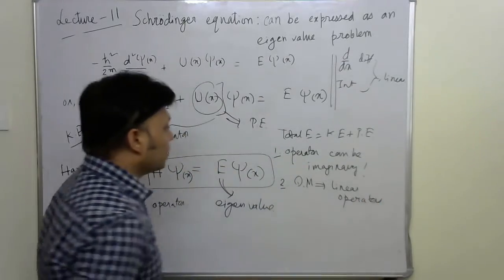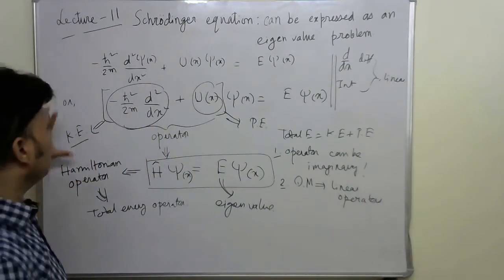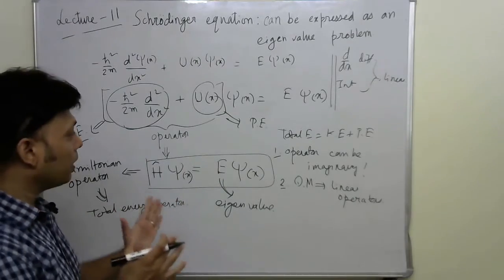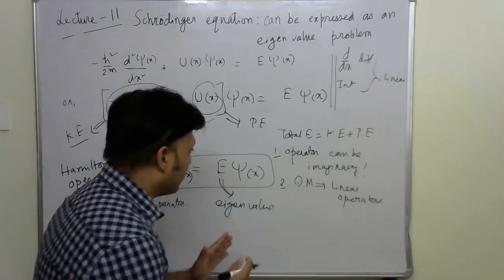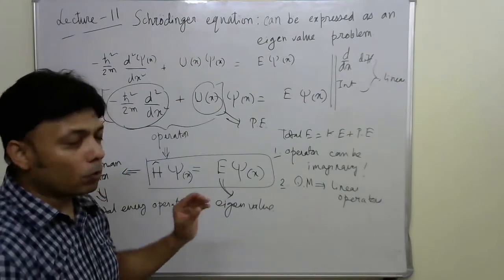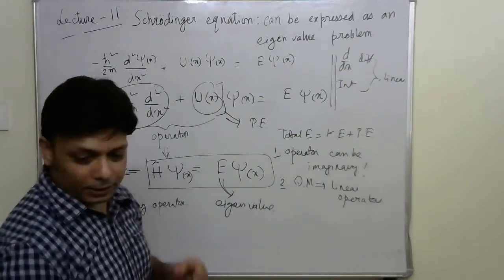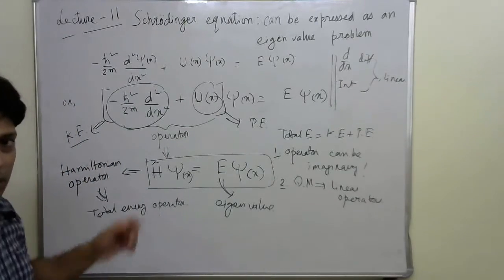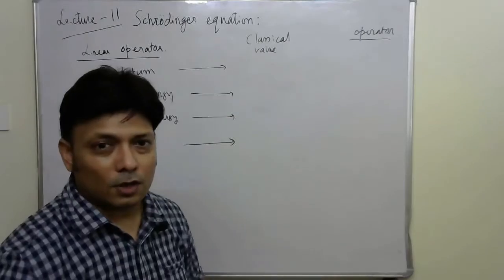Why? Because all the linear quantum mechanical quantities or properties can be represented by only linear operators. For example, let me erase the board and let's come back to this.